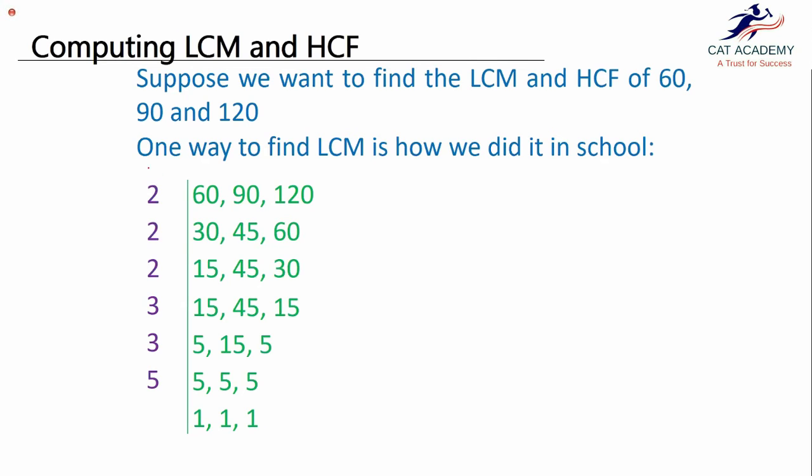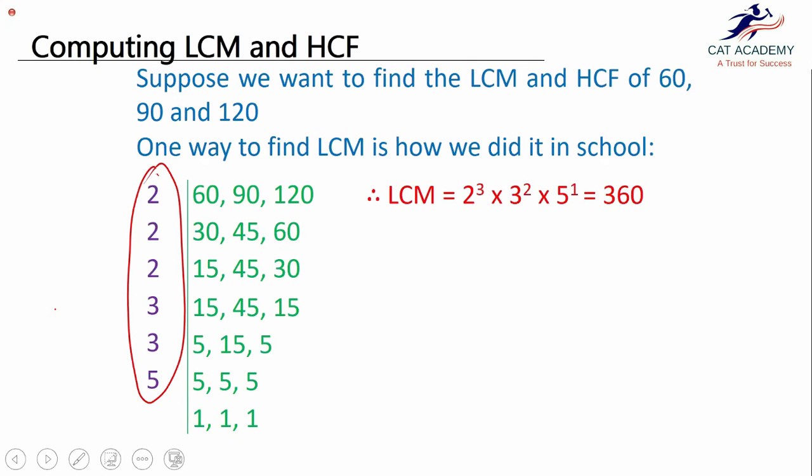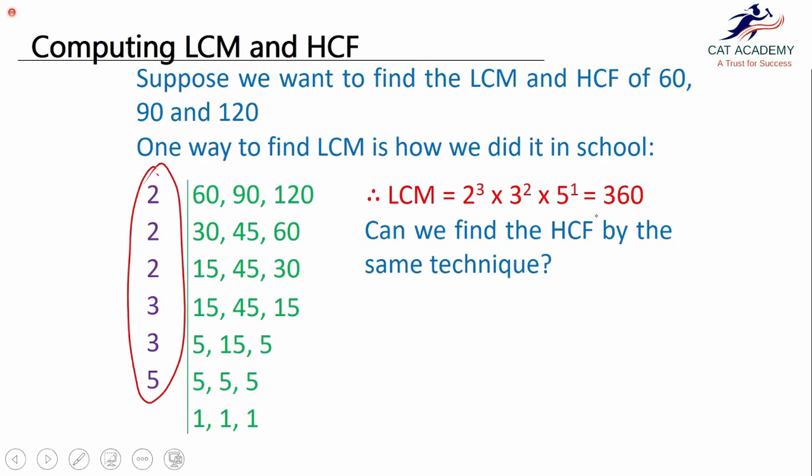So whatever you observe on this side is actually your LCM, right? 2 cube into 3 square into 5 raised to 1. That is your LCM. And HCF can be computed by the same technique. Can HCF be computed by the same technique? Yes. So I need to check here for the common factors.